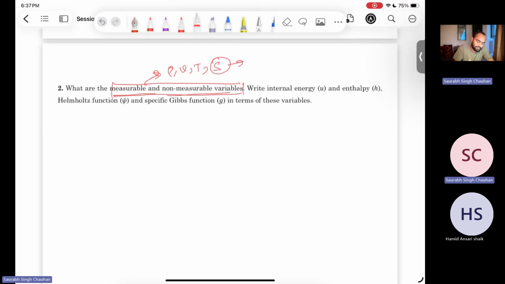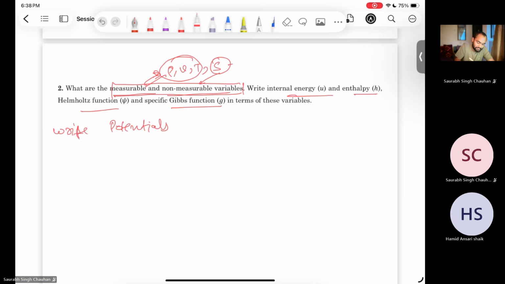Entropy is non-measurable, but the others are measurable. Internal energy, enthalpy, and the Helmholtz function are potentials, so it is asking you to write the potentials in terms of the fundamental properties. We have already written those, and only then did we derive these Maxwell's equations in terms of the fundamental variables.